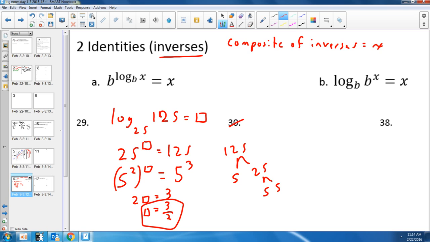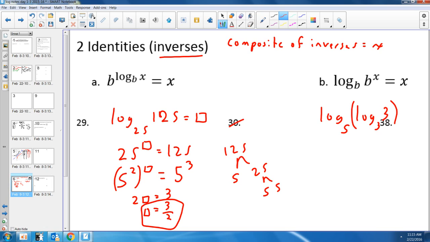Let's take a look at number 38. 38 says you have the log base 5 of the log base 3 of 3. Now it's not the log times the log, it's the log of the log base 3 of 3.